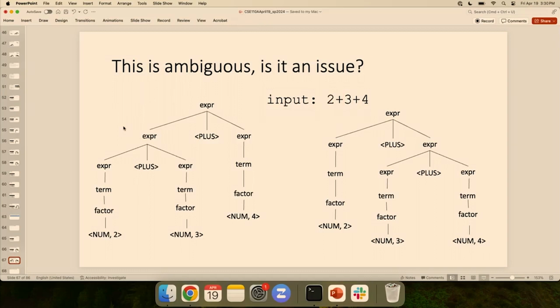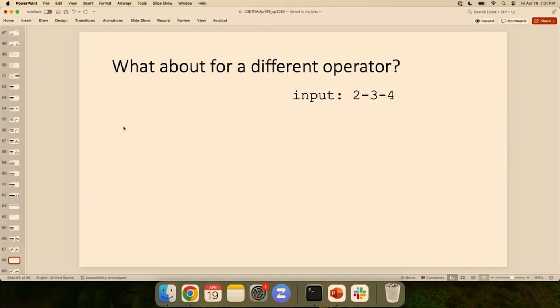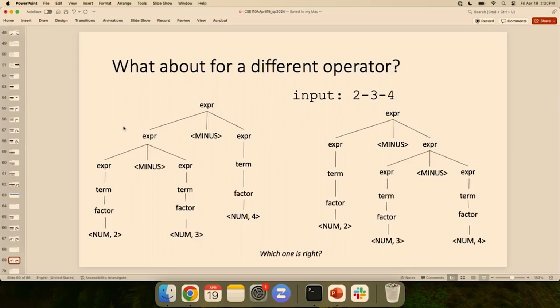So, is this really an issue? What if we had subtraction? Does it matter now? What do people think? Yep, you're saying it matters. Do you want to say why? Yeah, it's not associative. So in this parse tree over here, we would do 2 minus 3, which is negative 1. Minus 4 is negative 5, right?